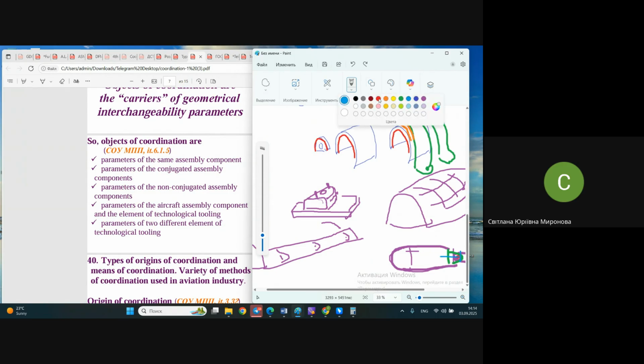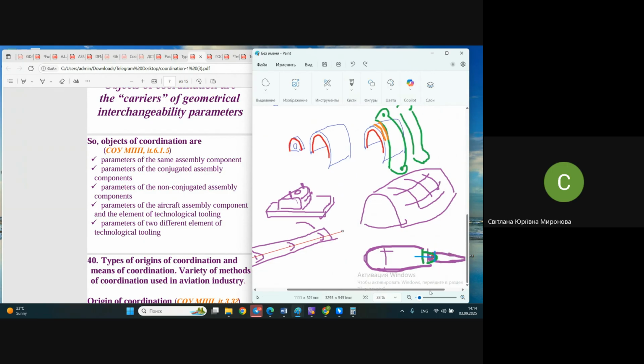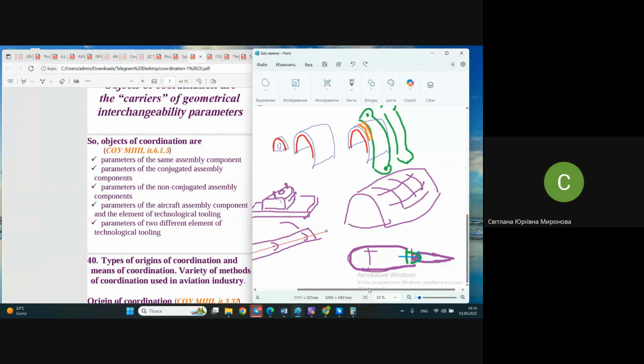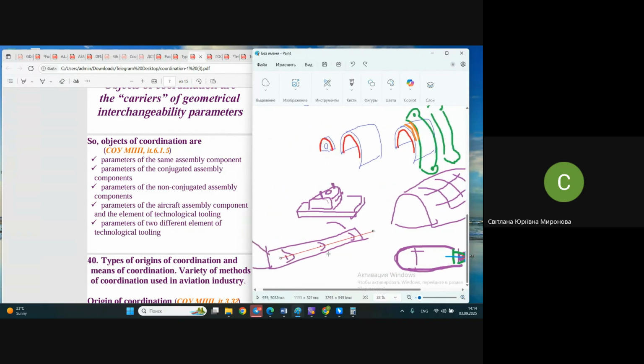And if your brackets are not in the same axis, even if everything else ideally coincides, if these holes are not in the same axis at least a little bit, like some tenths of a millimeter, the flap is already lost in its functionality because it does not rotate. And those are the parameters of so-called non-conjugated assembly components.